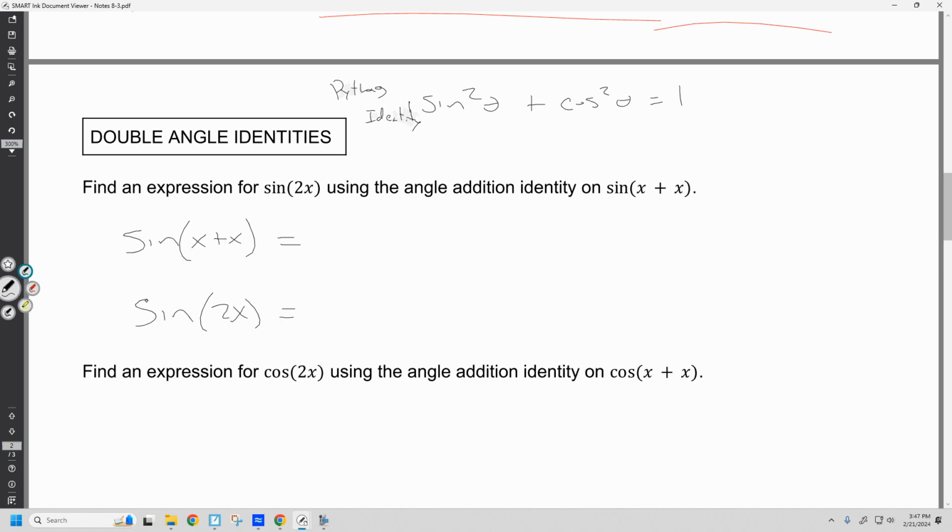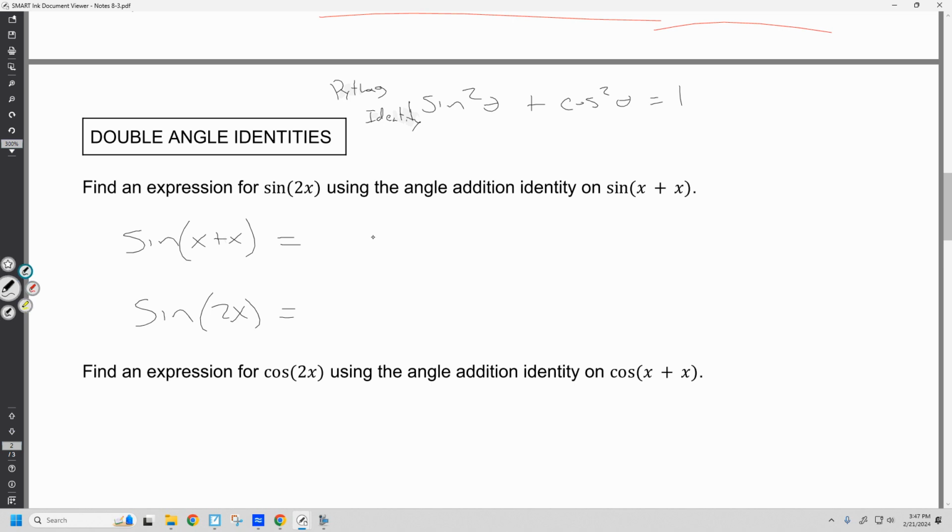So please write sine, cosine, cosine, sine with x and x for me. Please write the sine of x plus x out using the sum identity for sine, like you just did on your homework.